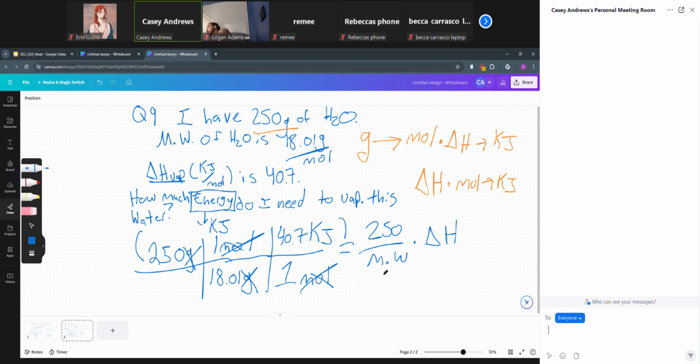So what I'm going to do on my phone calculator, once I pull up that app. Oh, and everybody who's calculating, please try to use the calculator you're going to use on the test. A lot of times, when it comes to test time, people use a different calculator and they get flustered. Always use the same calculator. So I'm doing 250 times 40.7 divided by 18.01.